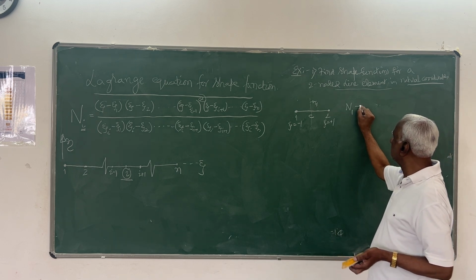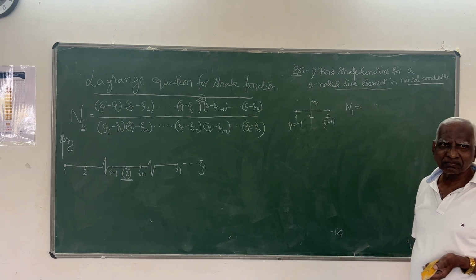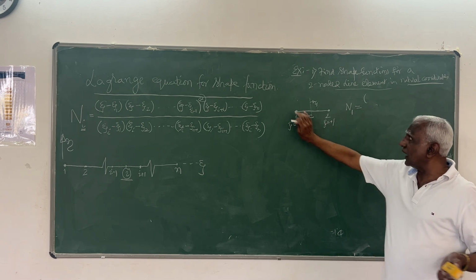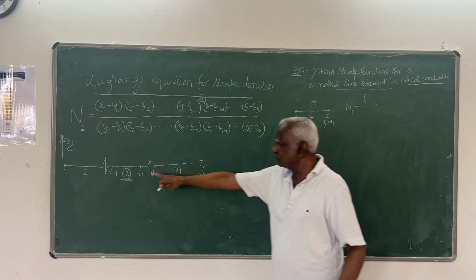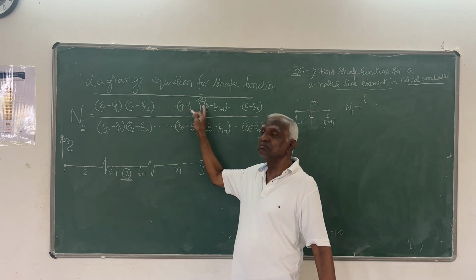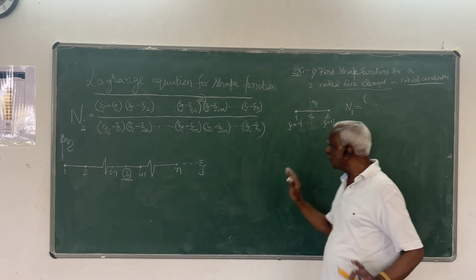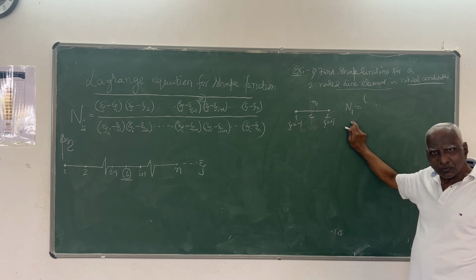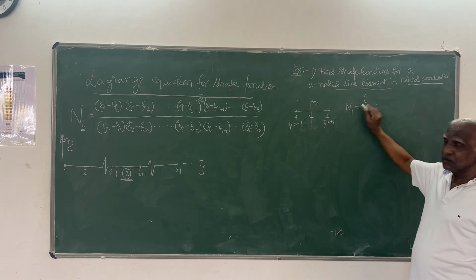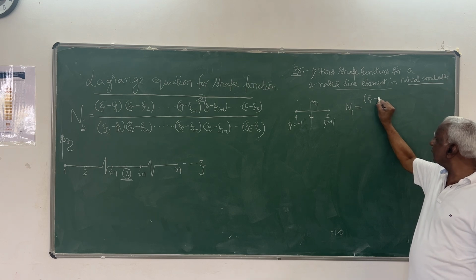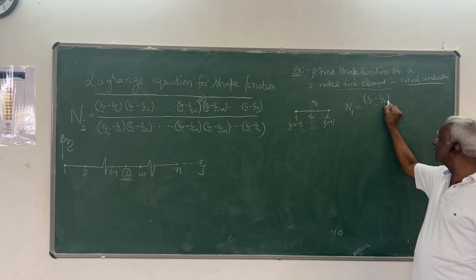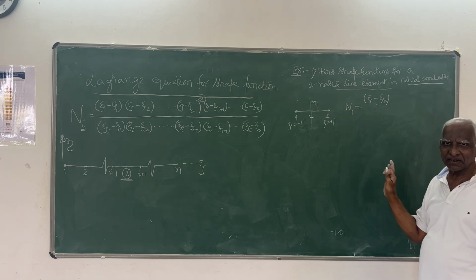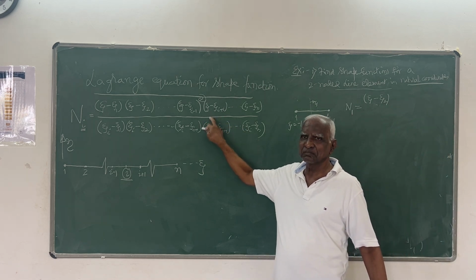So N1 is equal to psi minus psi 1, I have to leave. Observe, I have left. I have told here, don't bother about one coordinate first. When you are writing the shape function for I, leave that. Only psi 2 I have to take. When do you leave it? You see this.